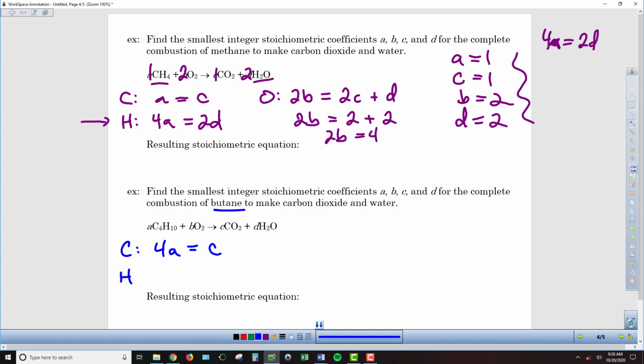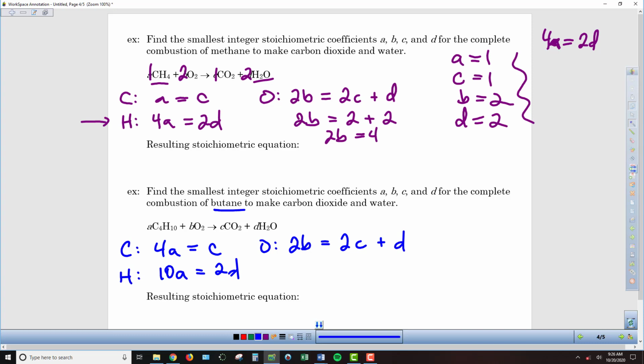For the hydrogen, we've got 10A on the left equal to 2D on the right. And for the oxygen, on the left we've got 2B, and on the right, again, oxygen is present in both compounds, so we've got 2C plus D.